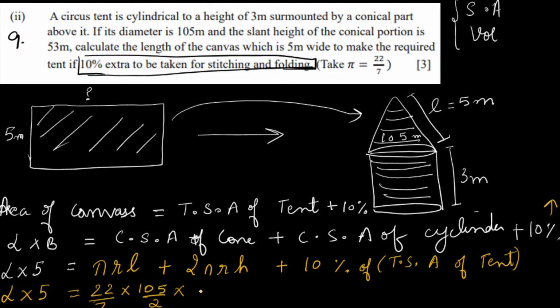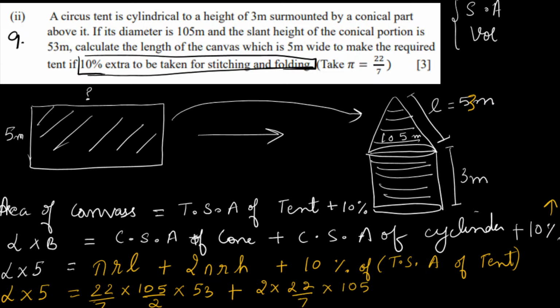Slant height is given to us as 53. At 5 meter I wrote it's 53. Slant height is 53 plus 2 into 22 by 7 into r.